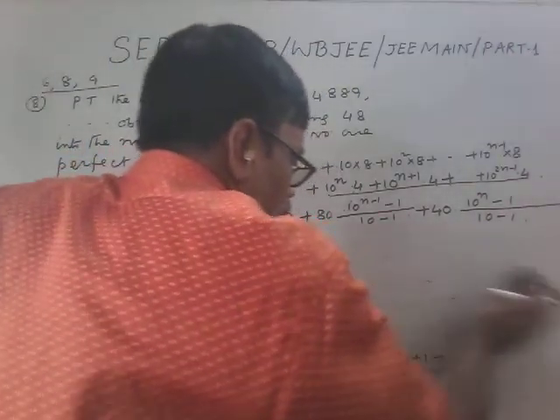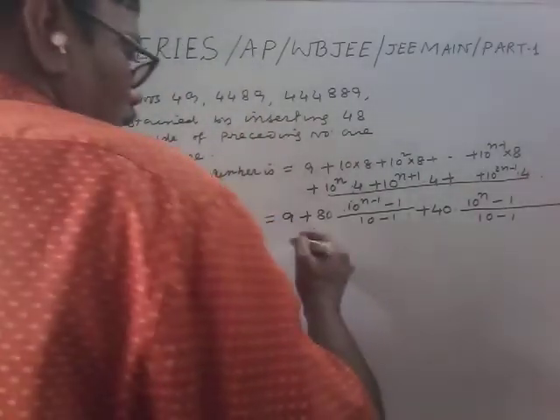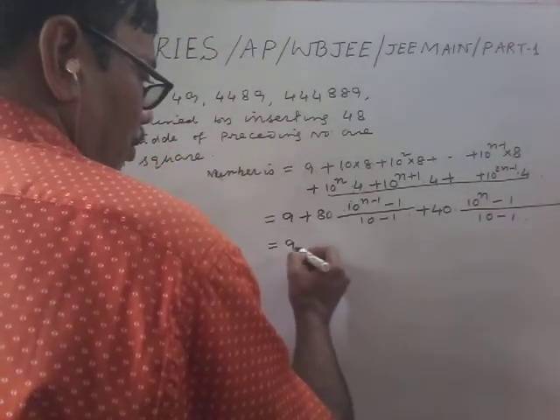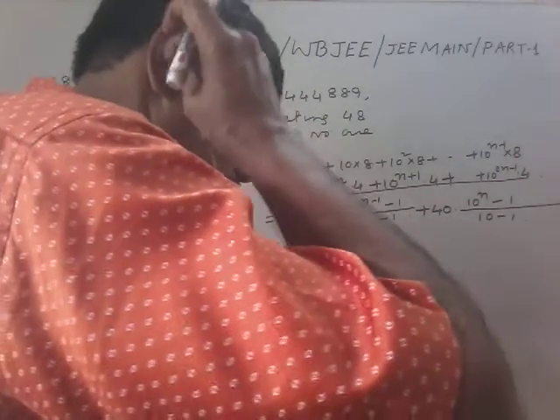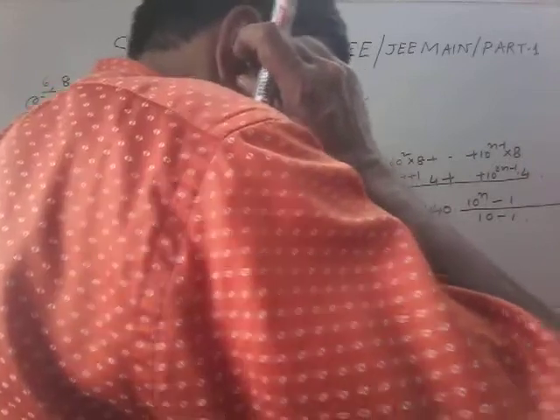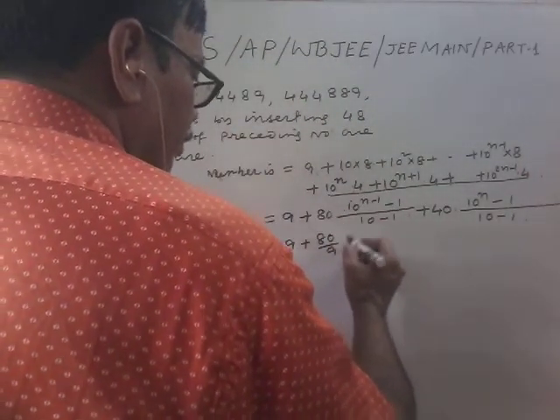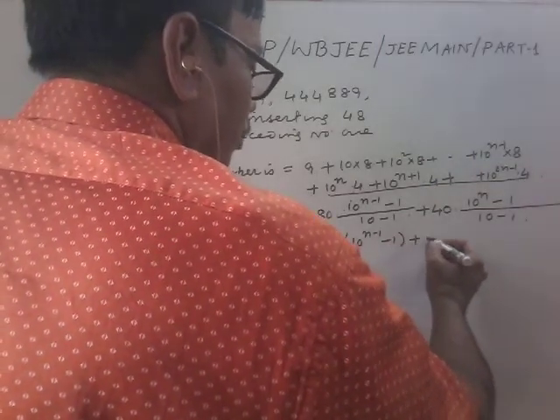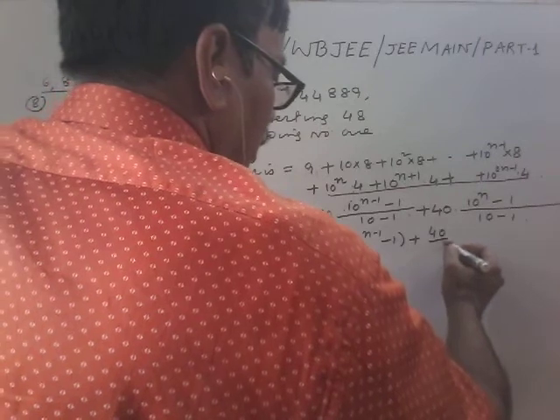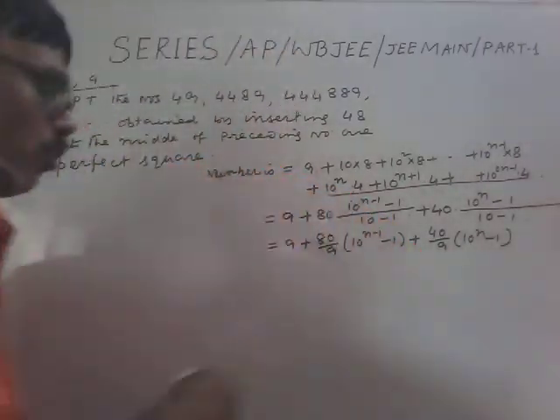Now you have to express it as a square term. So 9 plus 80 by 9, 10 to the power n minus 1 minus 1, plus 40 by 9, 10 to the power n minus 1.